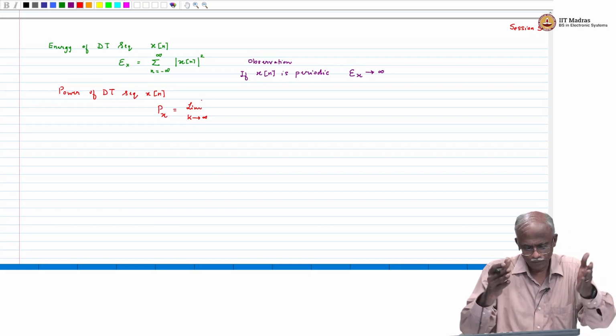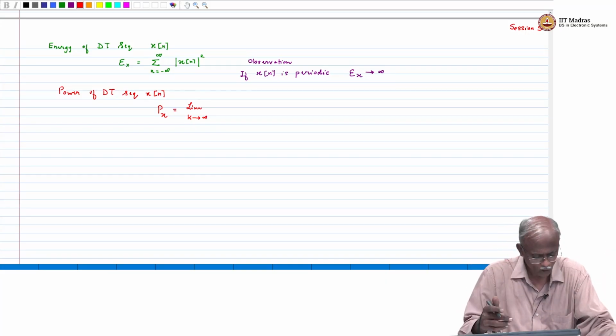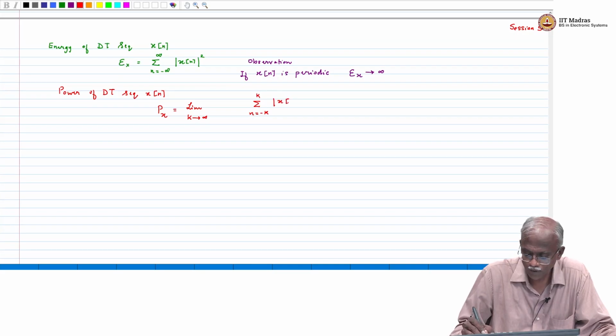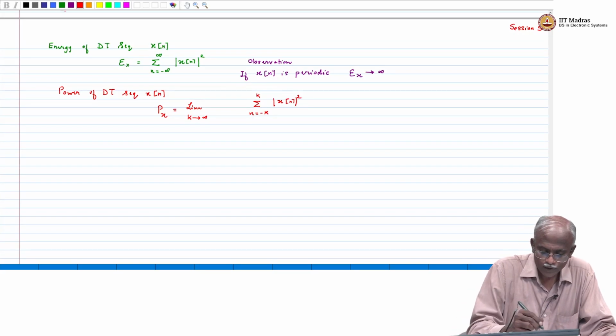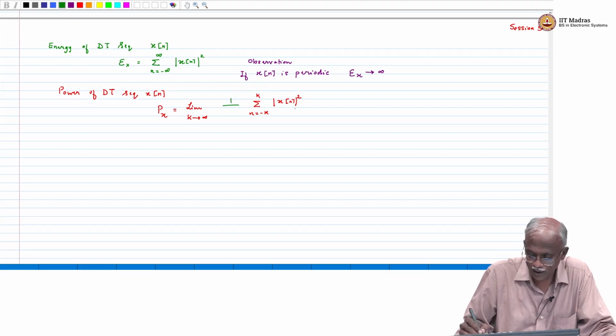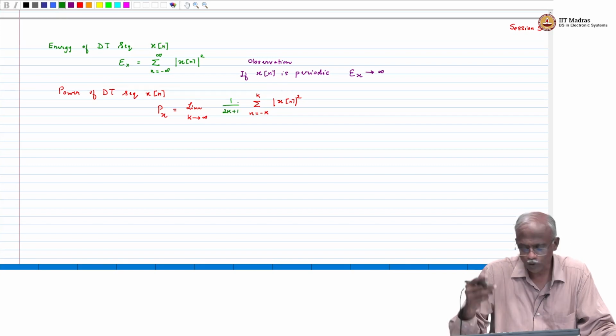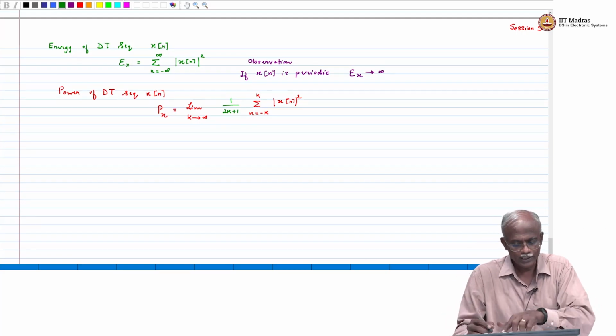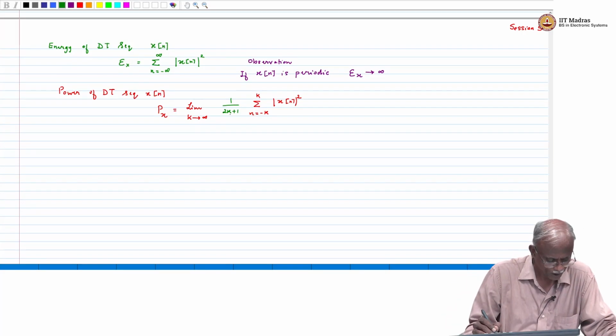Just like we did the summation for energy from minus infinity, the numerator looks like the energy term, the summation from n equal to minus k to k of mod x of n squared, but you scale it by the total number of terms in your summation, so 1 divided by 2k plus 1. When you go from minus k to plus k, that is a total of 2k plus 1 terms, and so the scale factor is present.